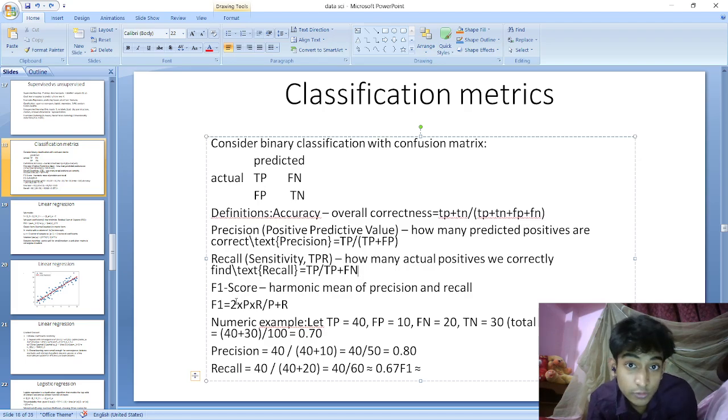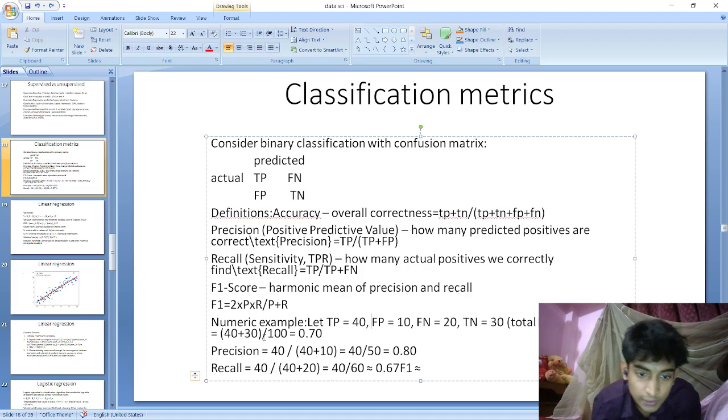And then F1 score. F1 score is the harmonic mean of precision and recall, which is 2 times P times R upon P plus R. Now let's take a numerical example where TP is equal to 40, FP 10, FN 20, and TN 30, and the total is 100. Accuracy is TP plus TN, 40 plus 30, upon 100, because when we sum them up we get 100.